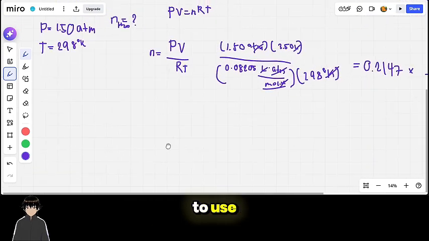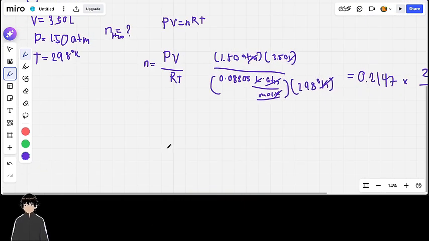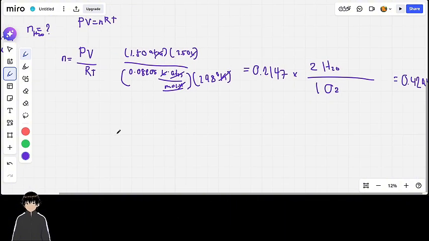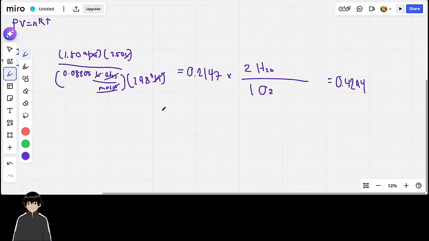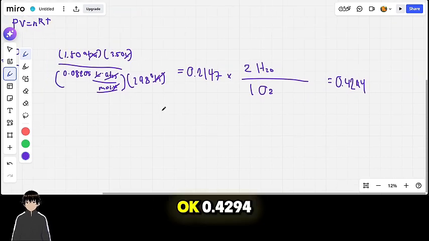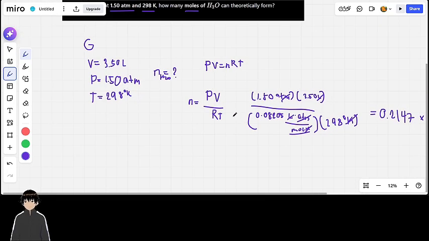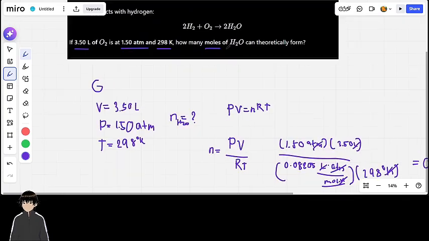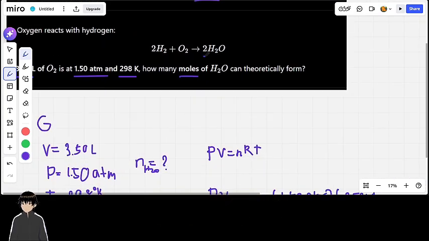And then we're going to use the answer, times it by the coefficient here.